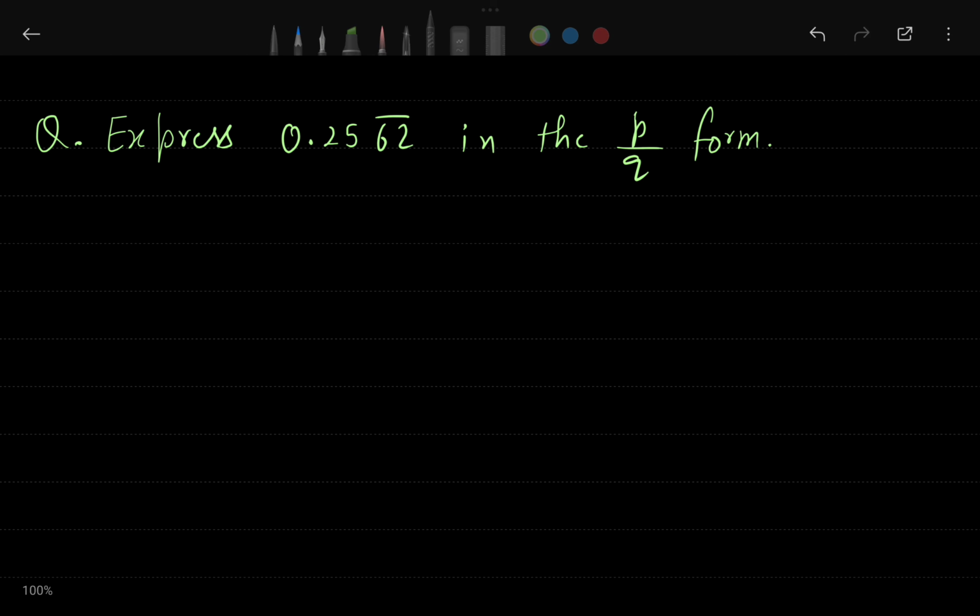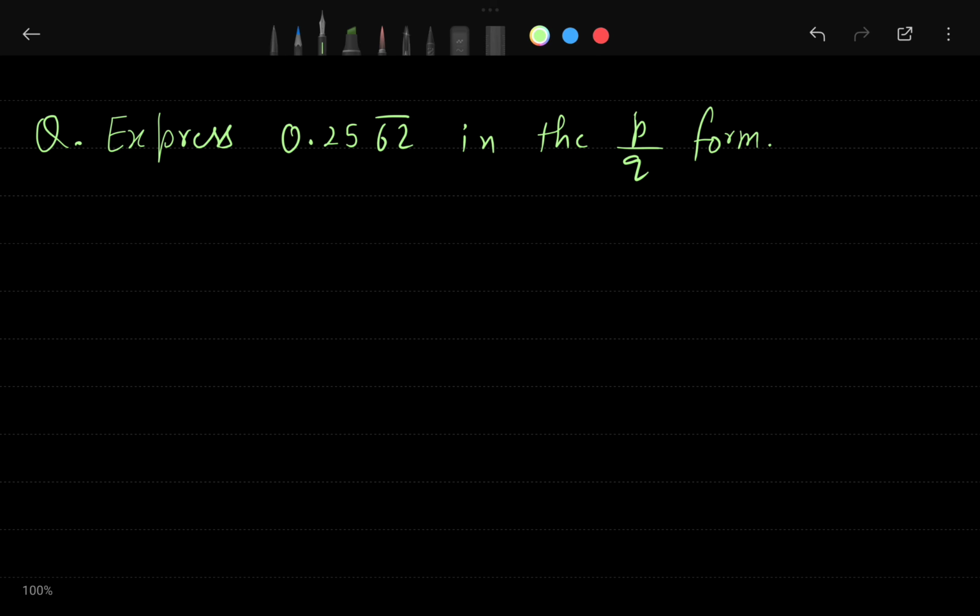You can see that this is a non-terminating but repeating decimal number, and it is a mixed repeating decimal because there are 4 digits after the decimal, that is 2562, and out of these 4 digits only 2 are being repeated, that is only 62. So we have to convert it into the form of p by q. Let's see how we can do it.